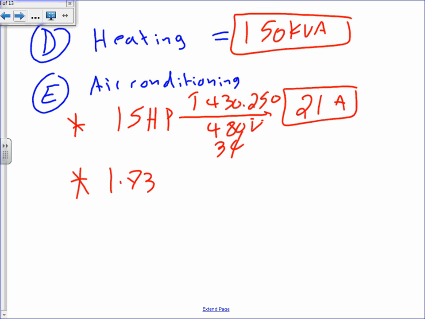So I'm going to take 1.73 multiplied by the voltage, 480, multiplied by the amps that we came up with, 21.